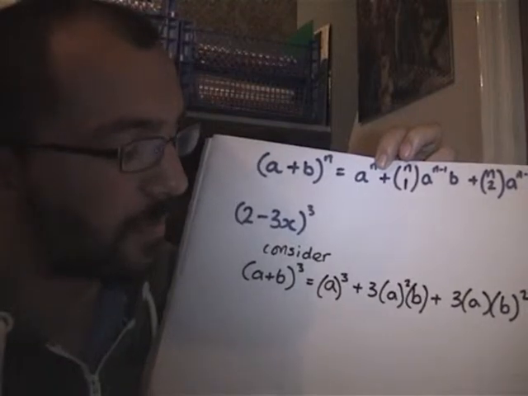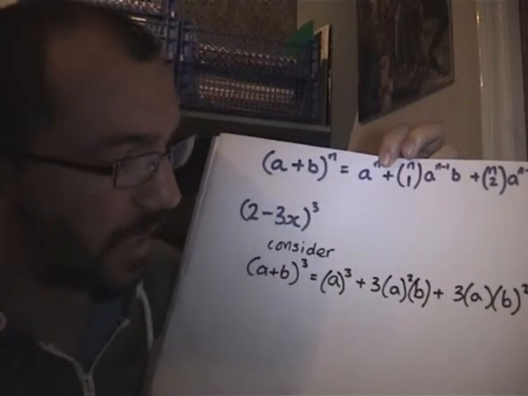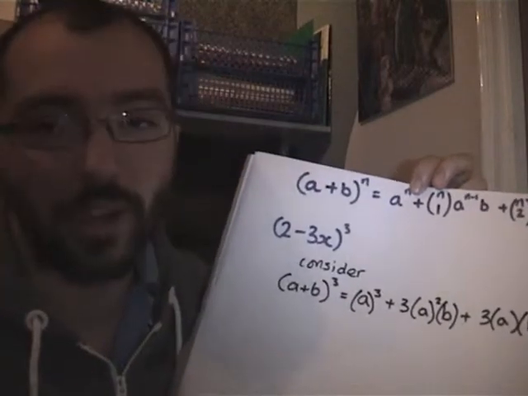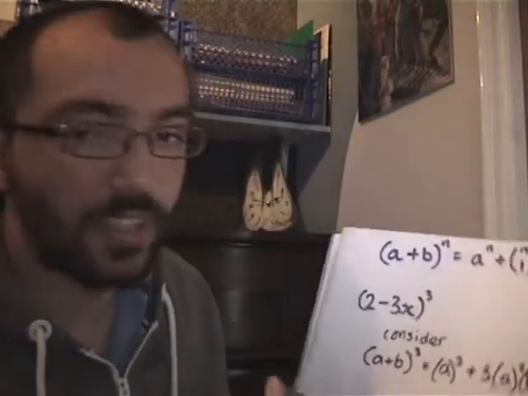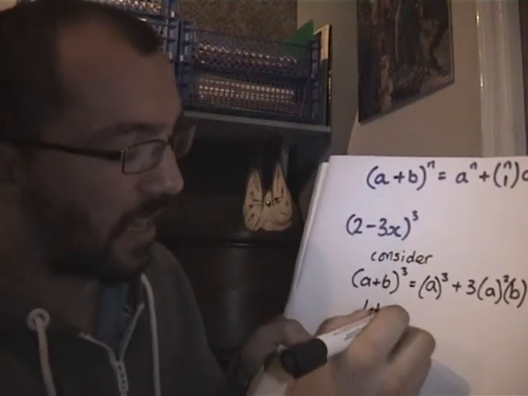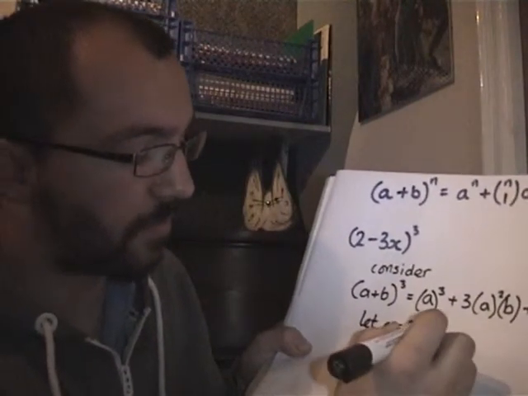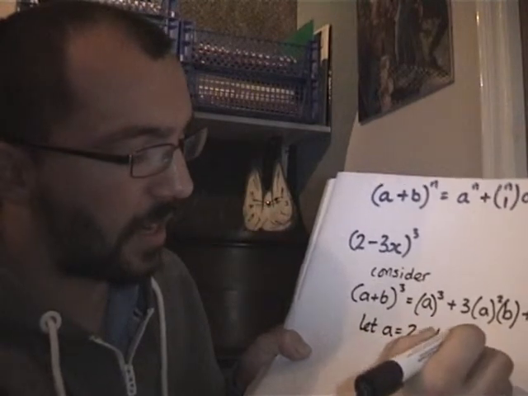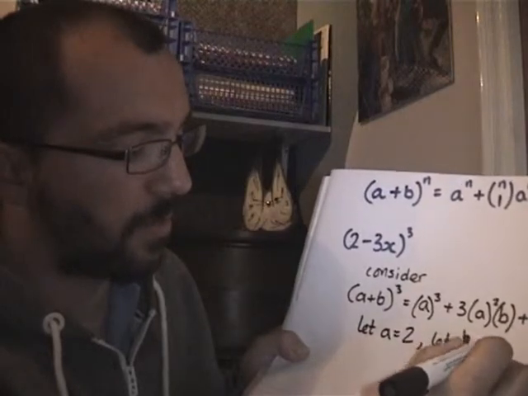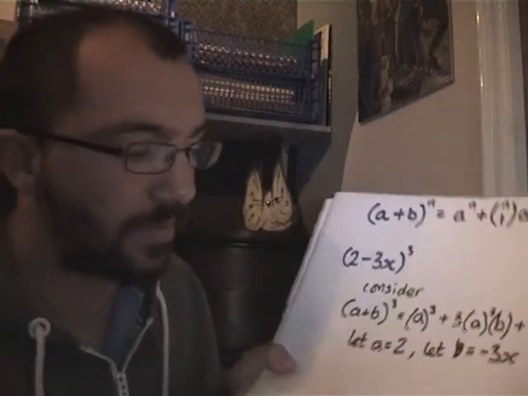The next thing I'm going to do is use another important mathematical word, not the same one, not consider. I'm going to use the word let, and I'm going to say let a equal 2, and let b equal minus 3x.